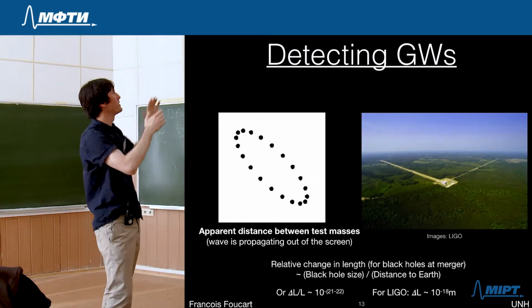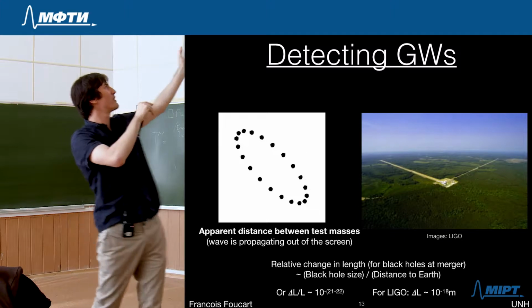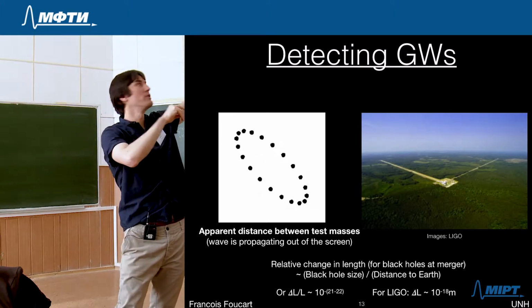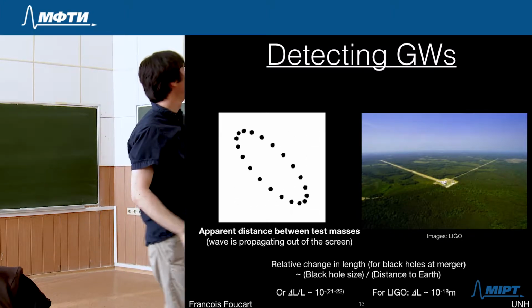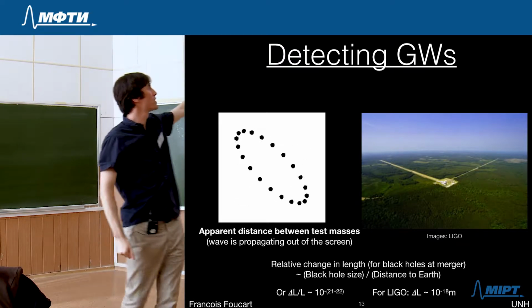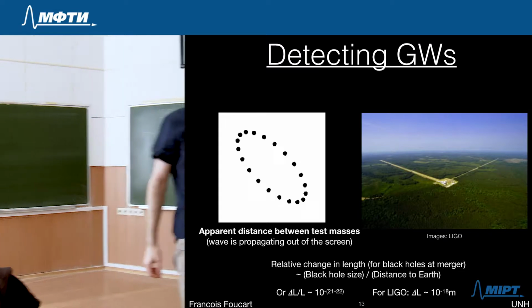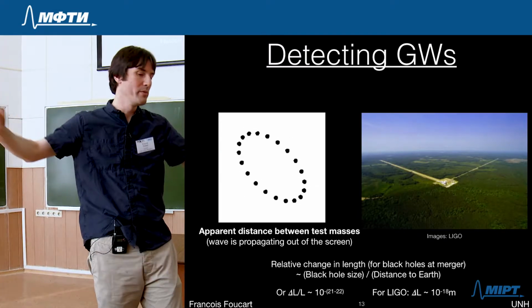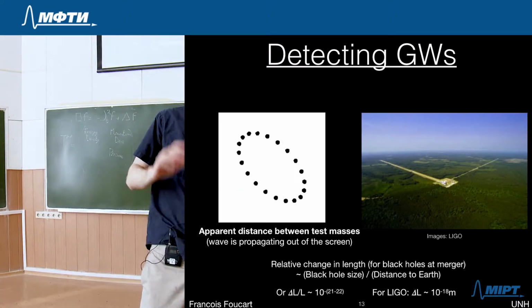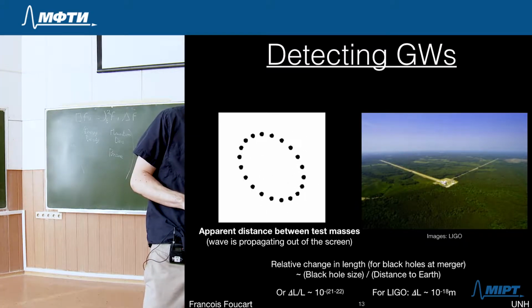LIGO takes advantage of that by measuring changes in the relative length of the two arms of the detector. As we already said, this is a very small change, of the order of 10 to the minus 18 meters or so for LIGO, which is about 4 kilometers long. So it's an extremely small change that you have to measure here.